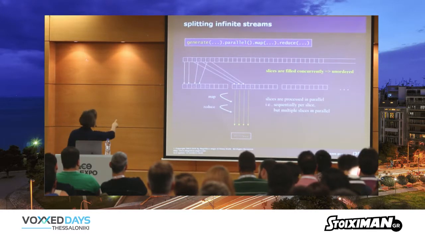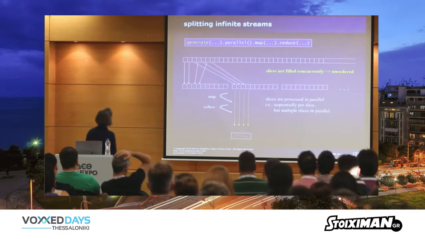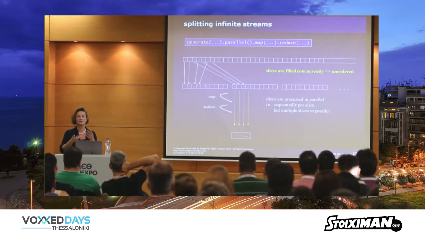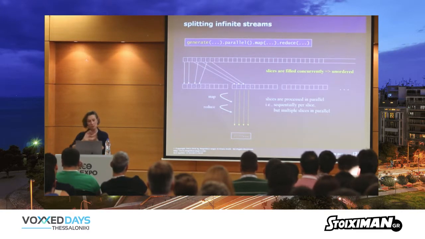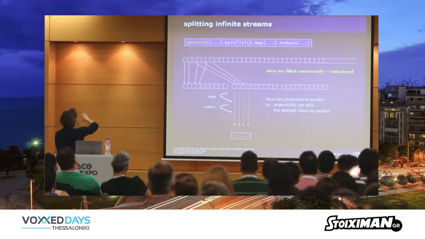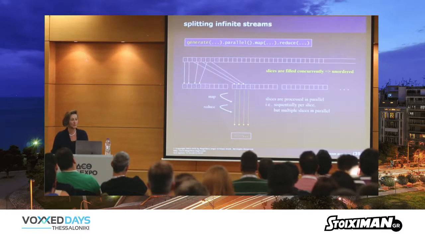So you will have some of the numbers ending up in the first segment, you will see some other ones in the second segment. It depends on the time of execution and how fast each of these threads calls the supplier, which number ends up in which slice. Yeah, it's entirely unpredictable. It depends on the timing.